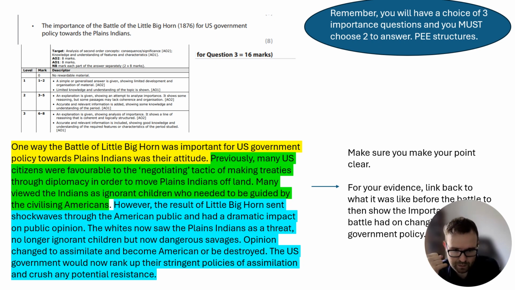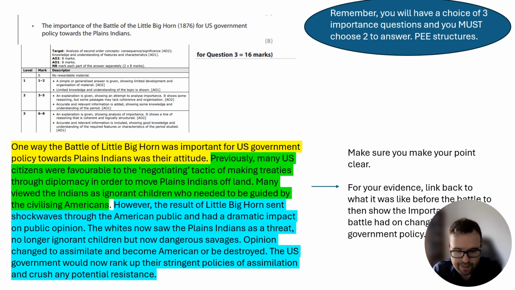Your focus should always be on the battle itself. Why is that the trigger point? Why is that changing the US government policy? So, however, the result of Little Bighorn sent shockwaves through the American public and had a dramatic impact on public opinion. Okay, good. It's showing straight away the importance and impact. The whites now saw the Plains Indians as a threat. Good. No longer ignorant children, but now dangerous savages.